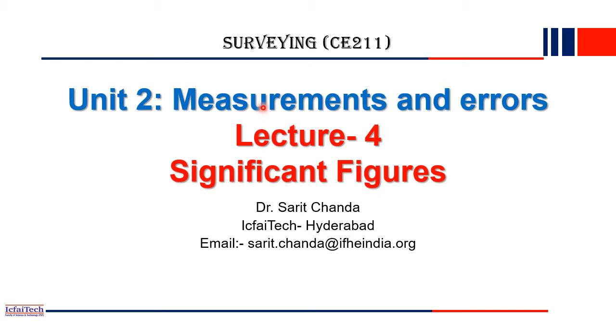That is what we call a control point. First we go to the field and establish the control points. With reference to these control points we do our surveying, using this triangulation philosophy, progressing from whole to parts. Gradually we do it, and then we complete our survey.